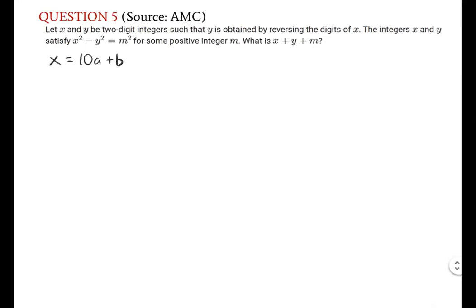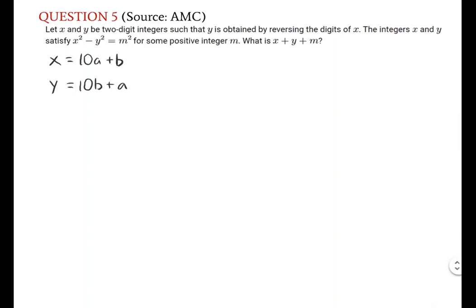This a represents the tens digit, and then the b represents the ones digit, okay? So that means y will be equal to the same thing, but in reverse, 10b plus a.